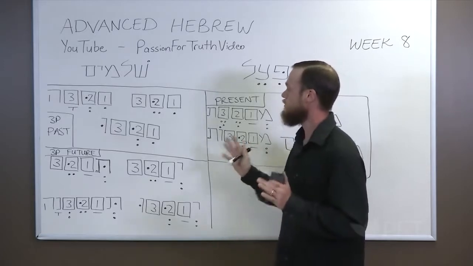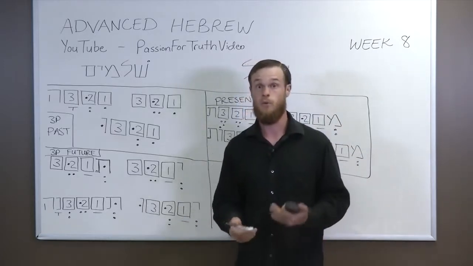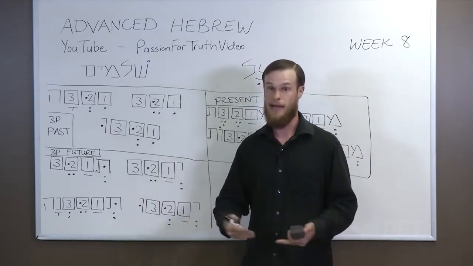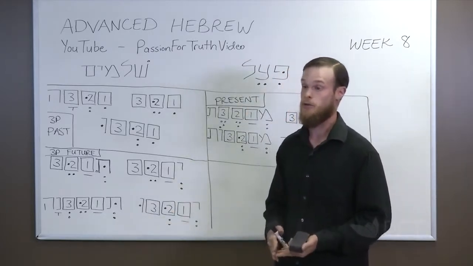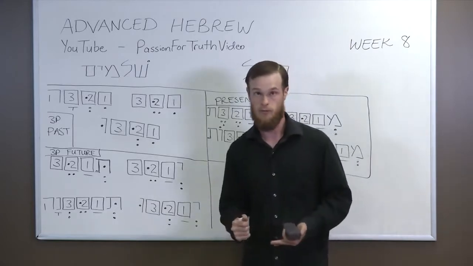I don't have a complete list up here. When I get the notes up, there will be a complete list that has the past and the future in their entirety. For today, just to introduce the binyan, I'm going to talk only about the third person forms.